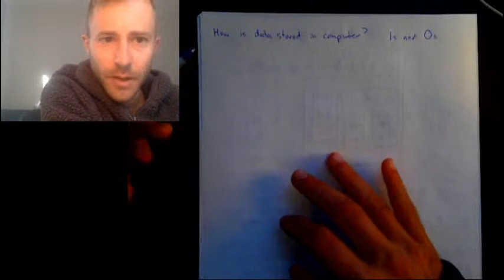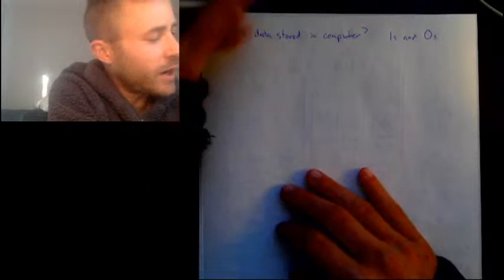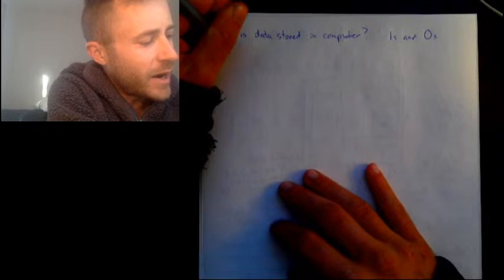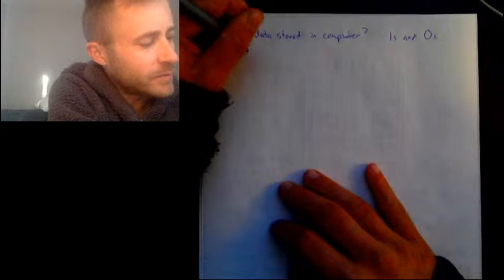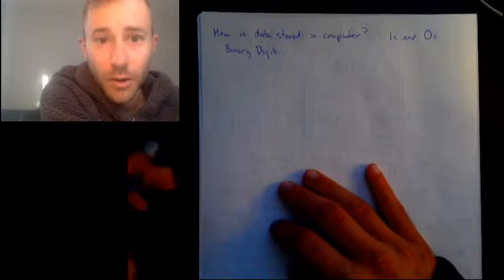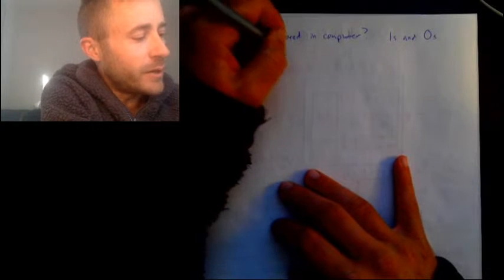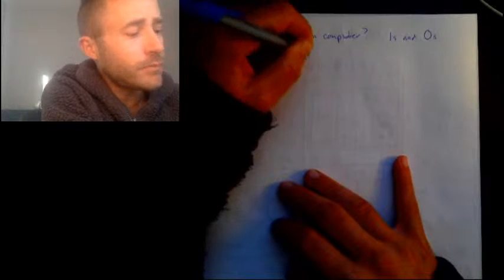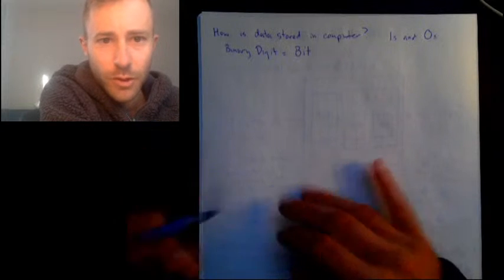So we have, of course, a binary digit, which is a 1 or a 0, called a bit. Okay, so it's stored in bits.